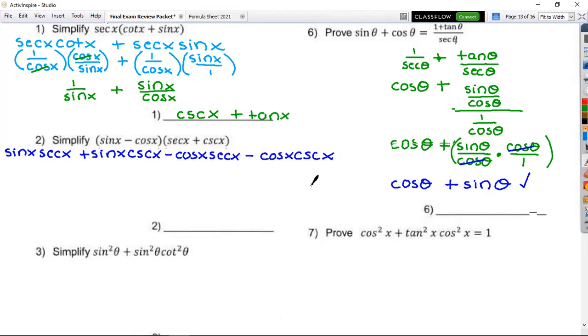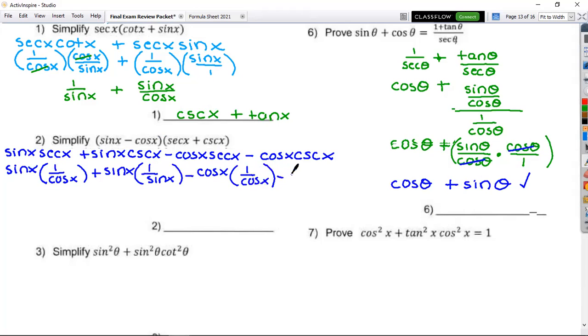So next you're going to plug in your identities here and see if anything cancels. So I have a sine of x, and then where you see secant, I'm going to replace that with 1 divided by cos of x. Next, I'm going to have sine of x, and that's going to get multiplied by 1 divided by sine of x. Minus cos of x, and secant is 1 over cos of x.